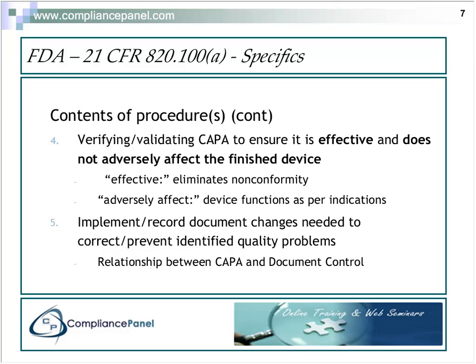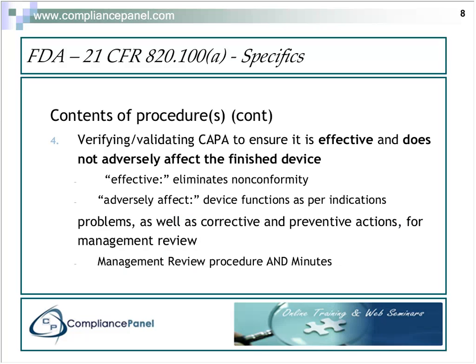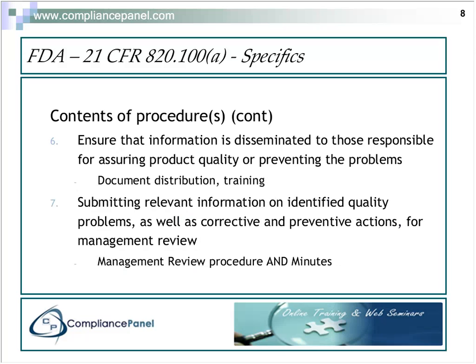You want to be careful here that when you change a document as a result of CAPA, that document is processed per your normal document control procedures. The next section: you're required to ensure that information related to quality problems or nonconforming product is disseminated to those responsible for assuring product quality or preventing the problems.